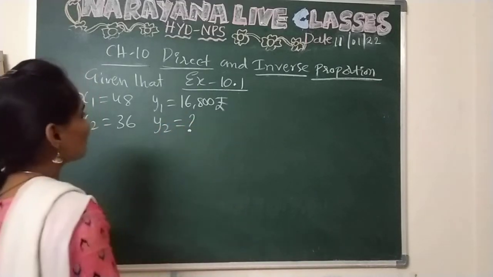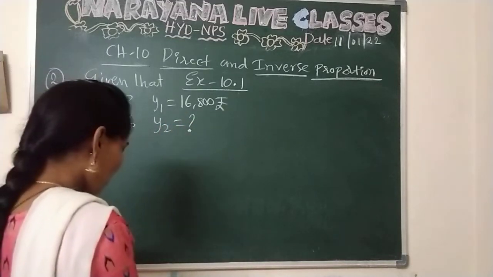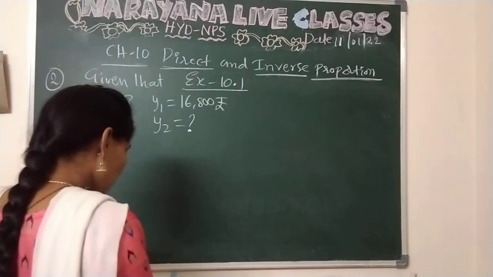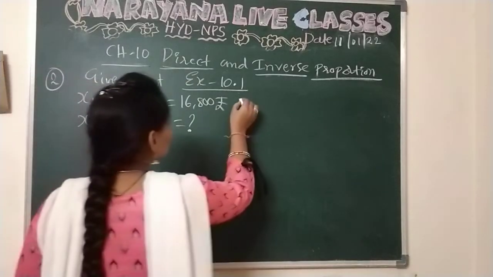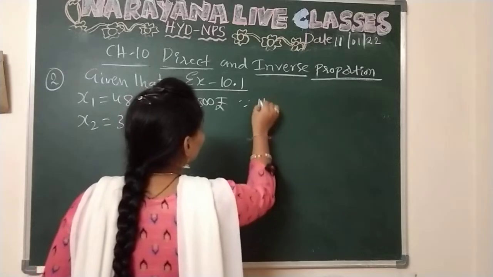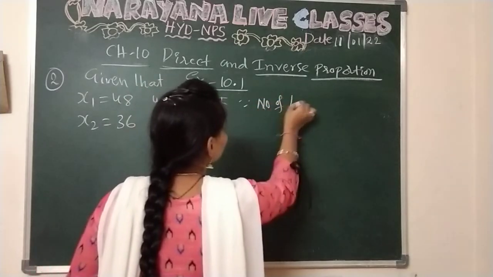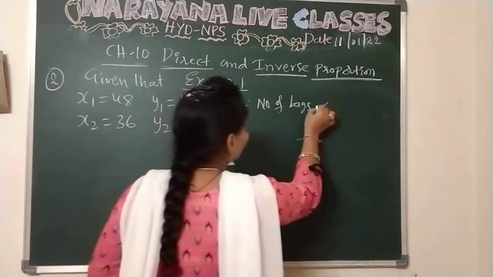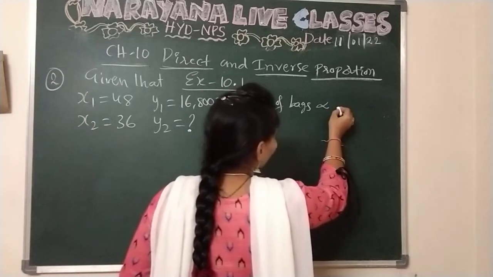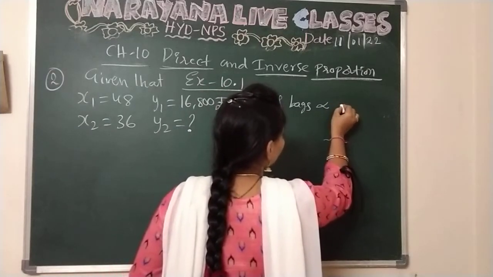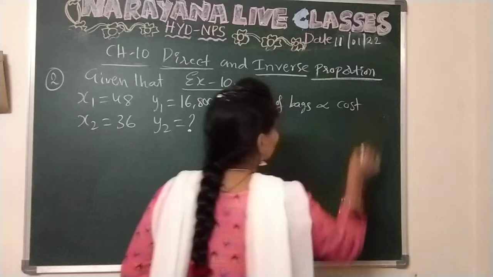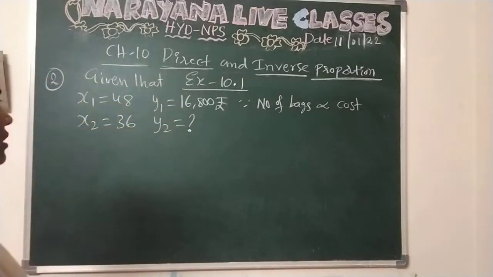We need to find out. Here the number of bags is directly proportional to their cost. Just simply I am mentioning, the number of bags is directly proportional to their cost.